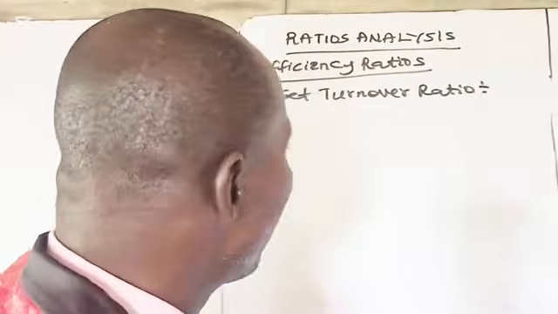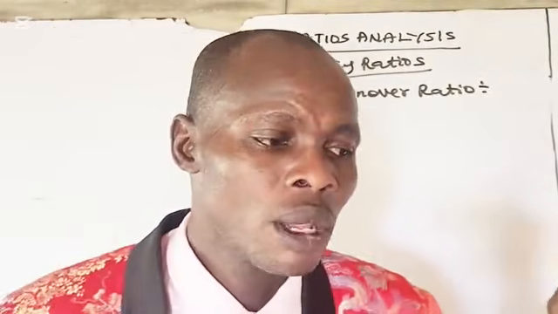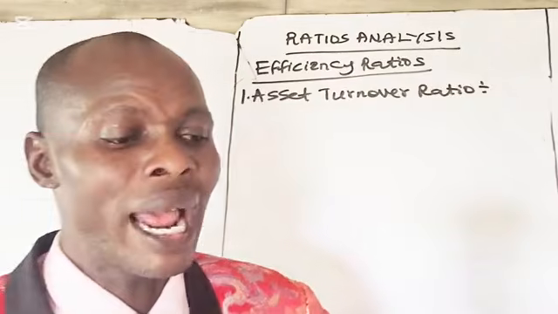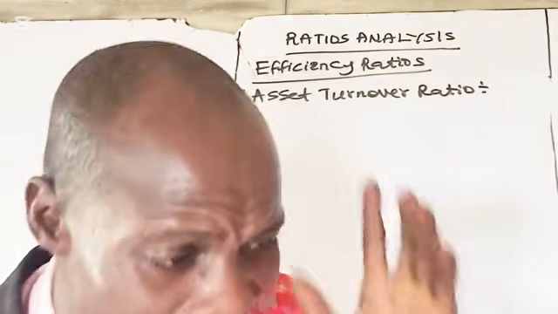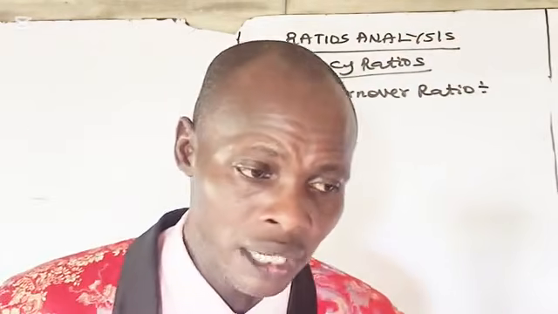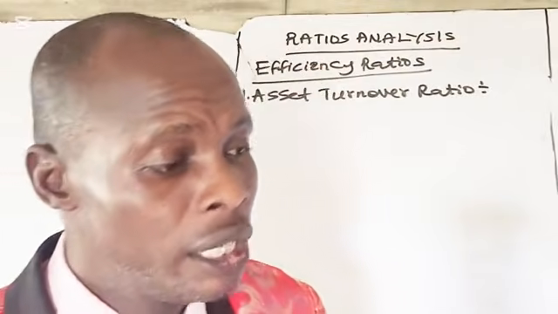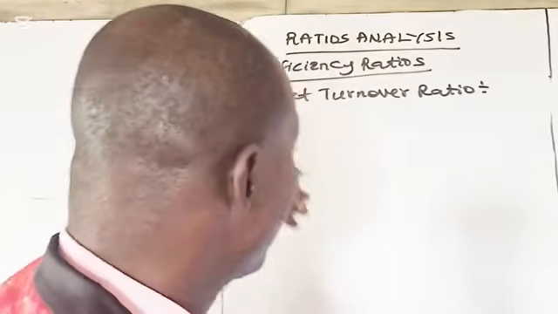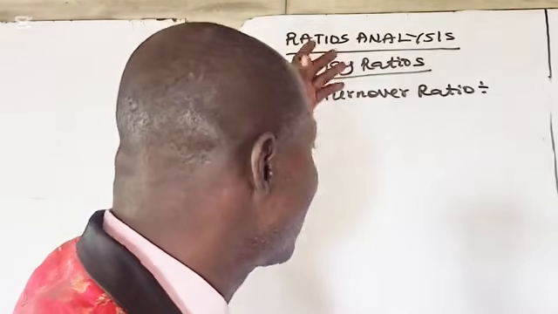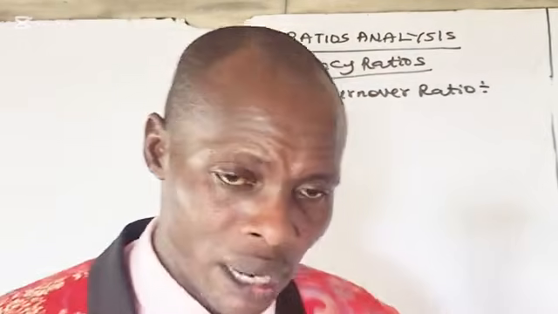So asset turnover ratio indicates whether the company is using its assets efficiently to generate revenue.